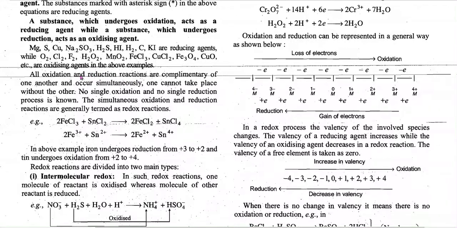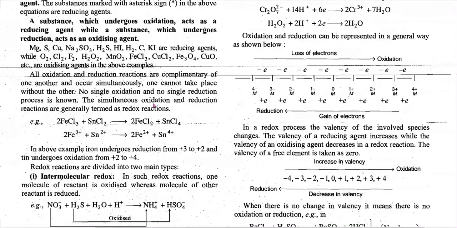So oxidation and reduction reactions are complementary to one another and they occur simultaneously. Simultaneously means one cannot take place without the other. Okay. No single oxidation and no single reduction process is known.